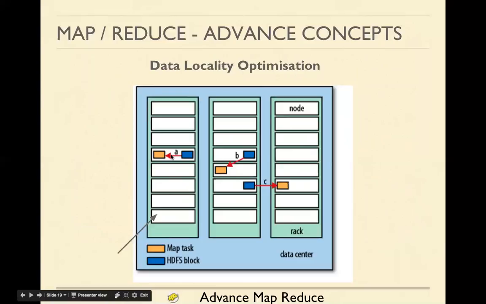Every HDFS block will have 3 copies, or maybe more or less. First it will try to execute on the same machine where the first copy is, then the second copy and the third copy.